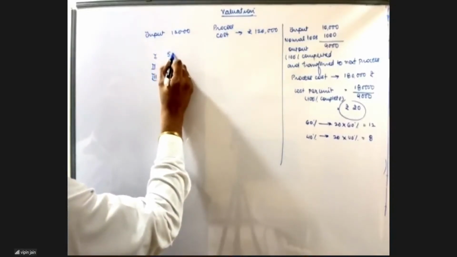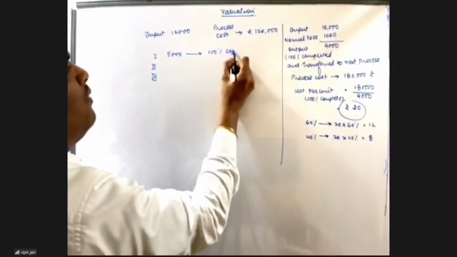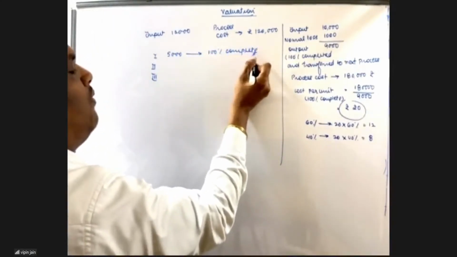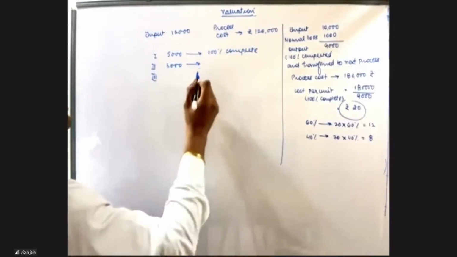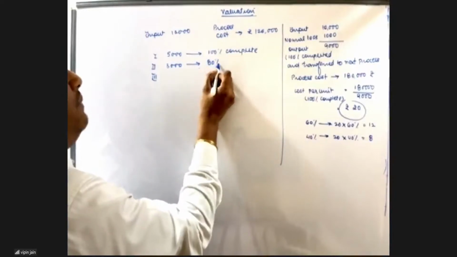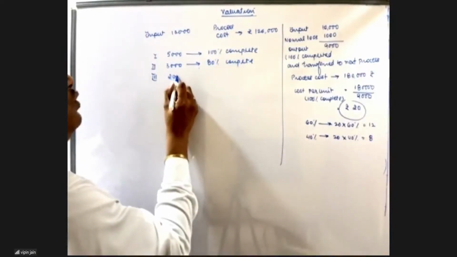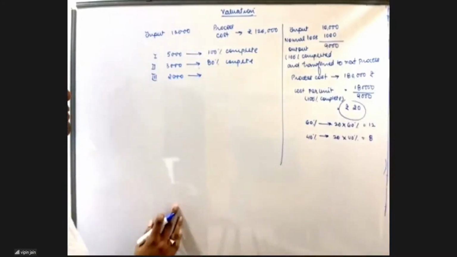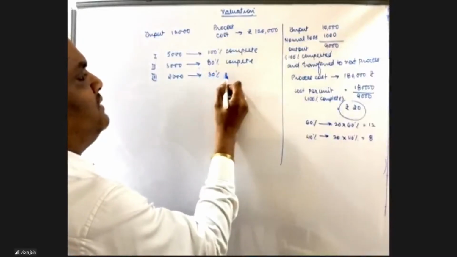Let's say 5,000 units we are getting that are 100% complete. 3,000 units we are getting as an output which are 80% complete. And 2,000 units that are 30% complete.